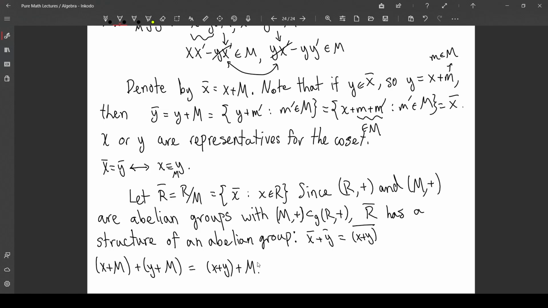These are just two ways of looking at it, just different notation. So we already know that this space has some algebraic structure. Now what we want to do is define a multiplication on it and turn this thing into a ring.